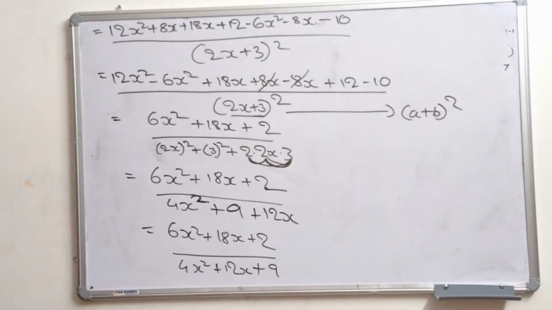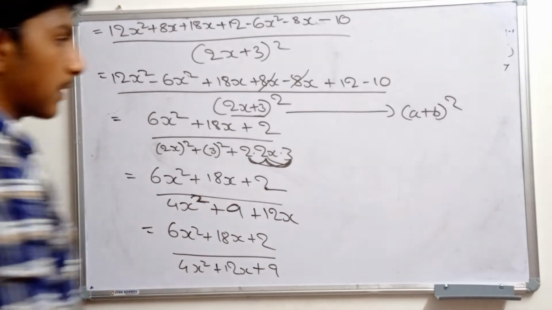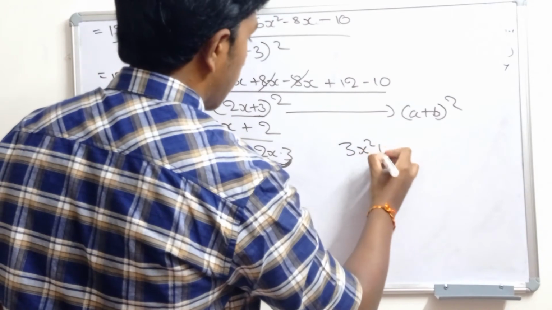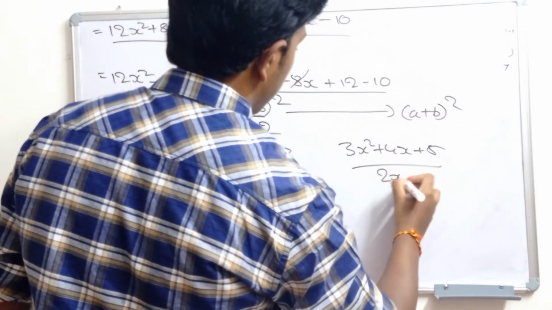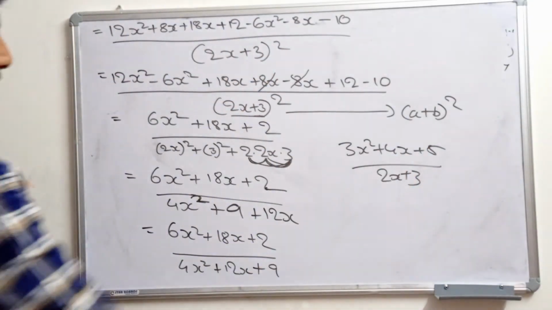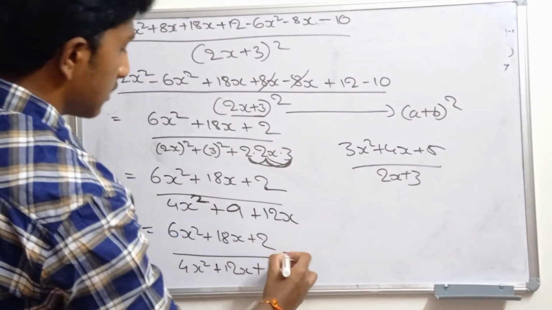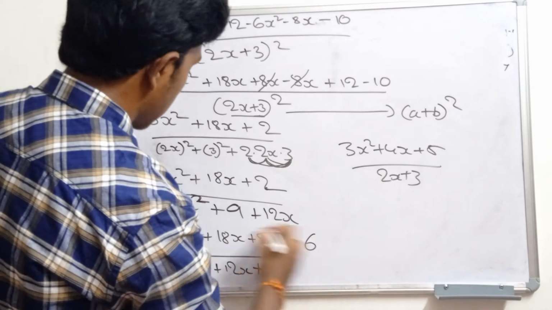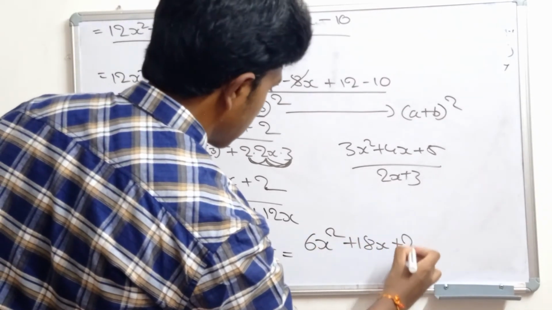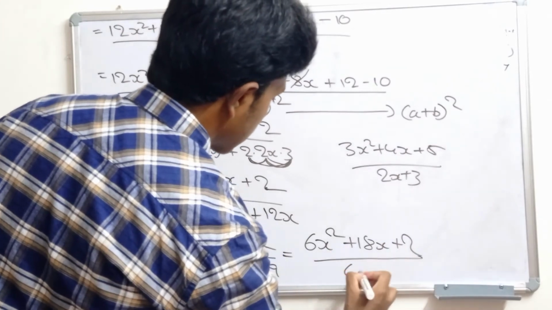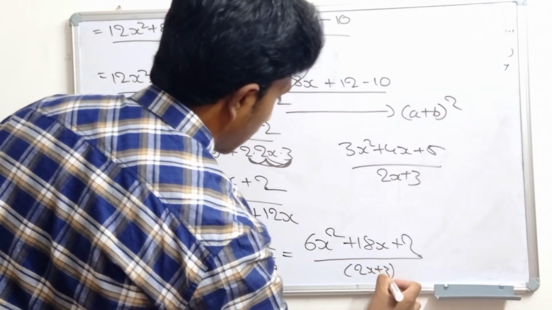So when you differentiate 3x square plus 4x plus 5 by 2x plus 3, you will be getting this, or else you can leave this as it is, as nothing is being cancelled. So it can be left as 6x square plus 18x plus 2 over 2x plus 3 whole square.